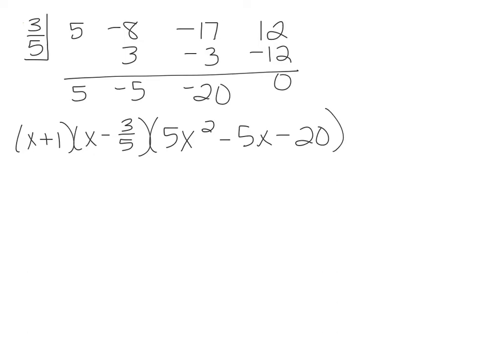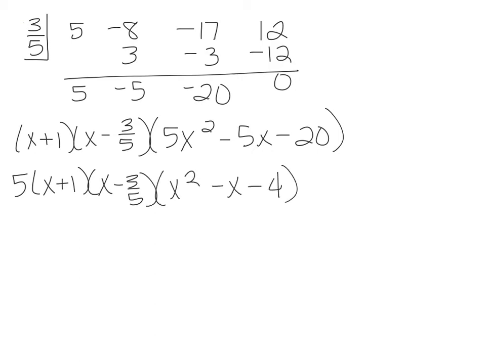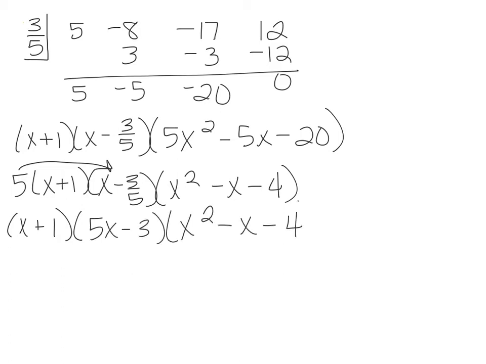I'm going to factor a 5 out, and I get an x squared minus x minus 4. And that 5 can distribute through this binomial. It can just get distributed through the first one also. I can just multiply it by something. 5x minus 3, x squared minus x minus 4.